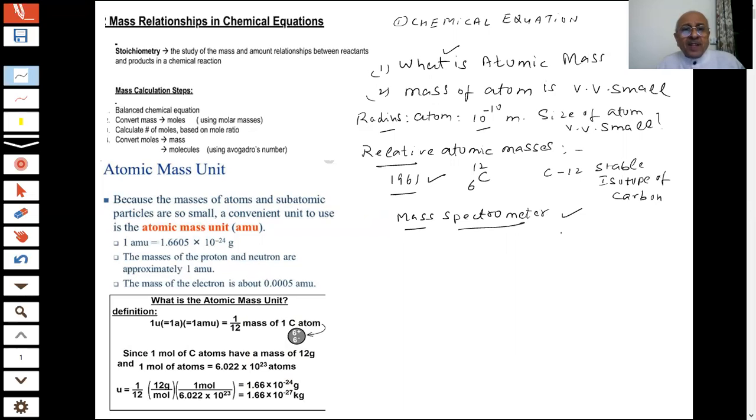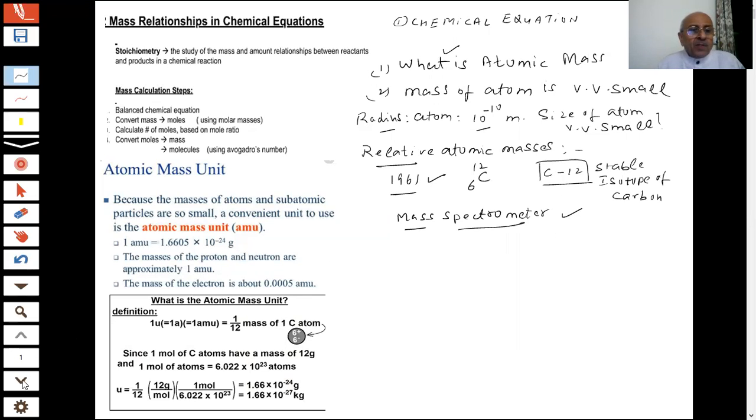So how do we make the atomic mass unit? As I said, carbon 12 was chosen, and relative to carbon 12, the atomic masses of other atoms were found out or given.